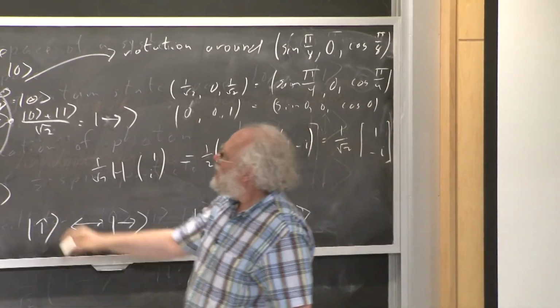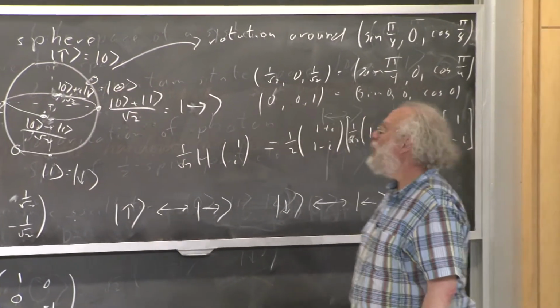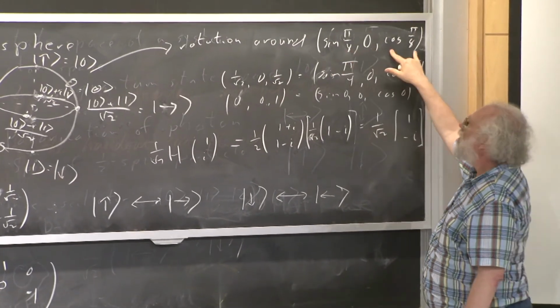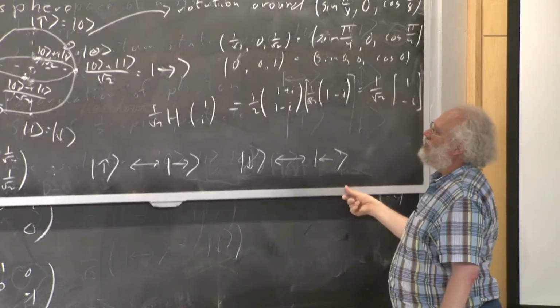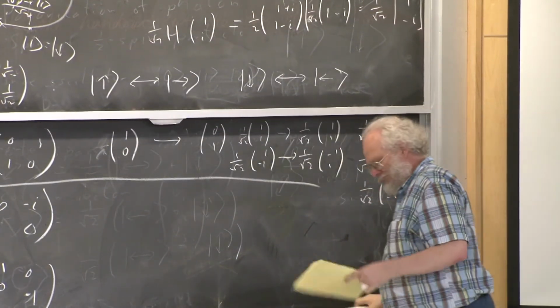And this point is supposed to be halfway in between them, so it's really sine pi over 8, 0, cosine pi over 8. And that's good.